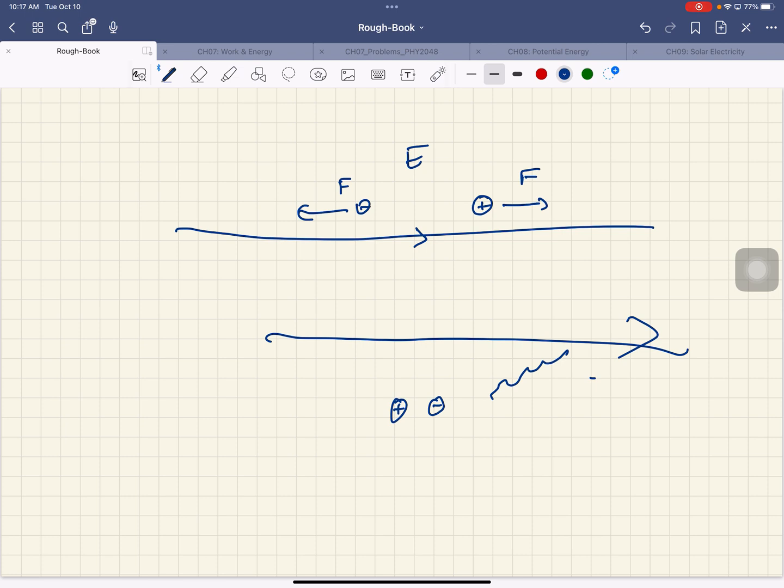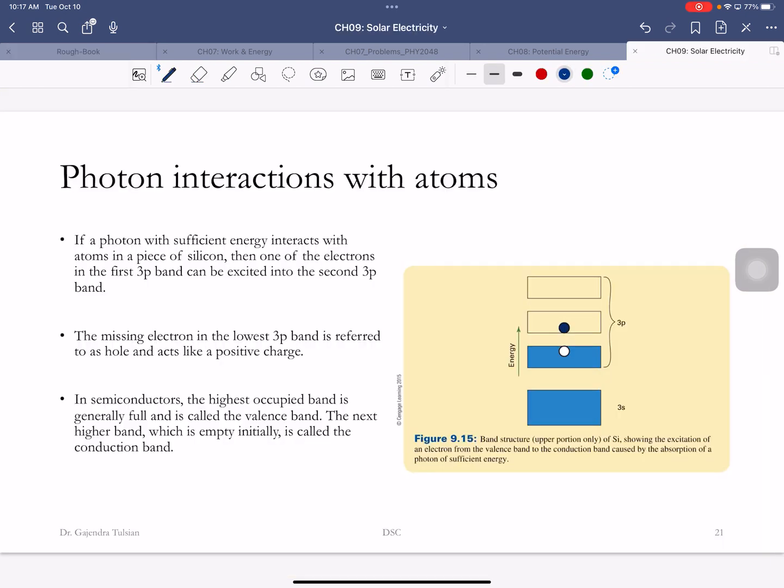Okay. All right. So what is our goal? Our goal is to absorb this photon, right? The photon absorbs and creates this hole and electron, right? You understood that part? Yes. And that's what this diagram is telling you. The photon came, got absorbed, this electron got excited there.